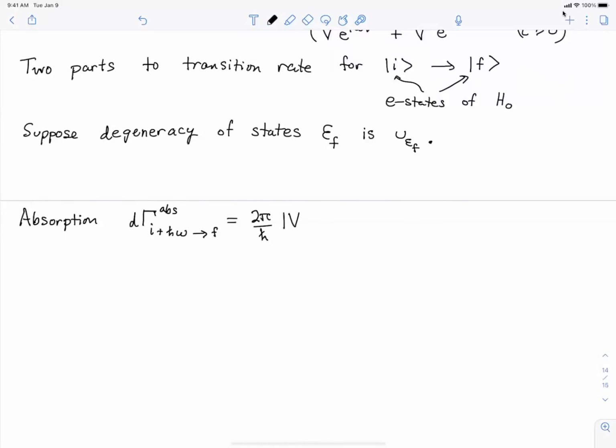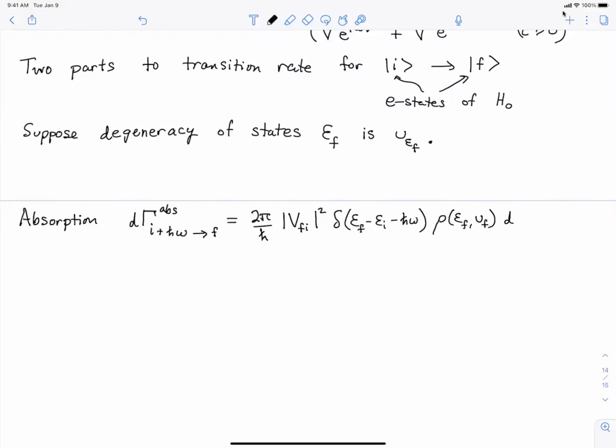There's a matrix element of the perturbation, which I'm writing like that for shorthand. There's a delta function, which last time came from a function that we called f, and then we took the limit in which it approached the delta function. And then there's the density of states, because we have to sum over all possible states that meet our criterion of the delta function energy. So there's our density of states.